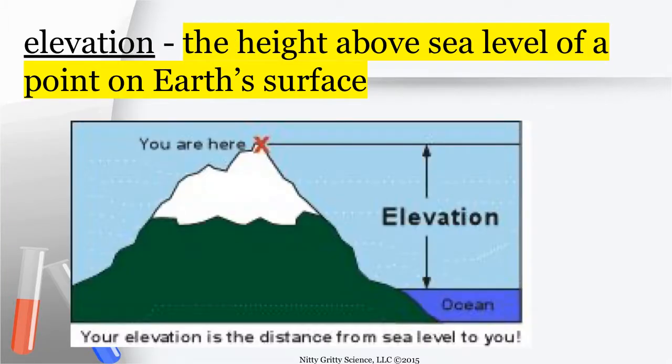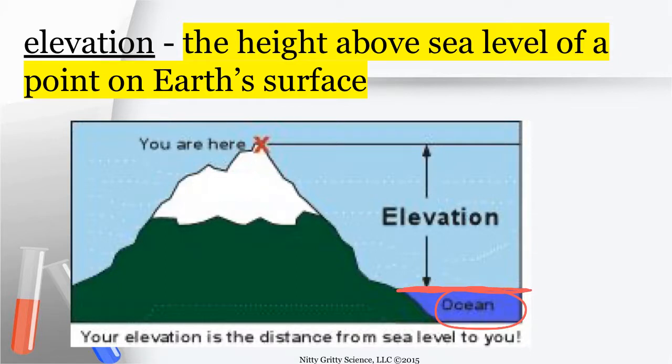Those little squiggly brown lines on those topographic maps show us something called elevation. Elevation is the height above sea level of a particular point on Earth's surface. So if the ocean is here, the top of the ocean would be sea level.